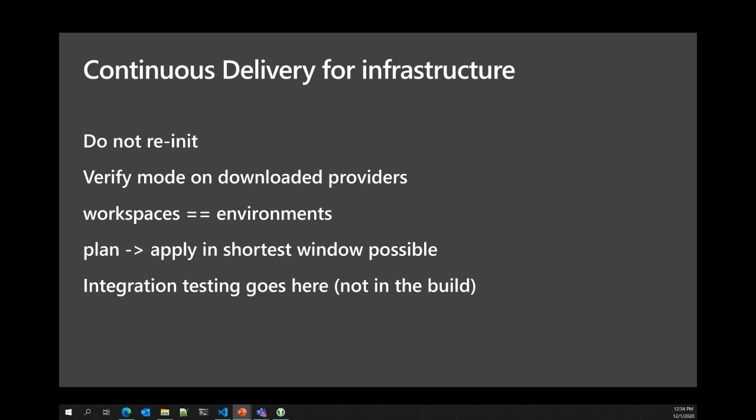The longer it takes you to apply that generated plan, the more drift is going to happen in the actual running state of your environment, the less valid that plan is going to be, and the more likely it's going to error or create some sort of failure. So you really want to keep that window as short as possible.